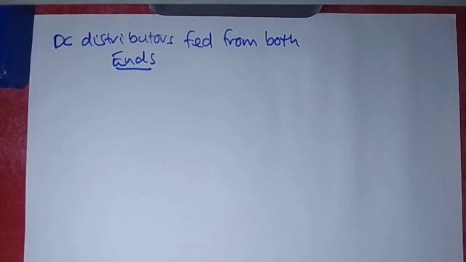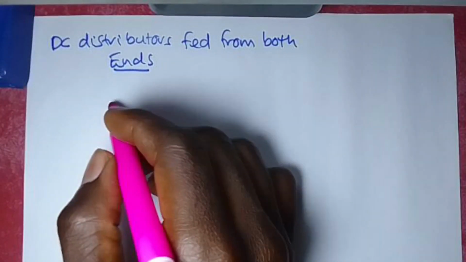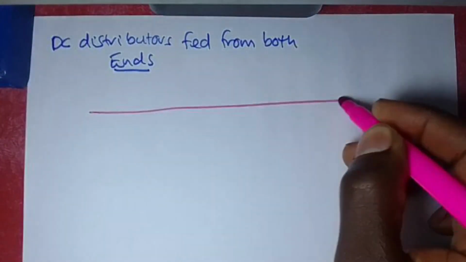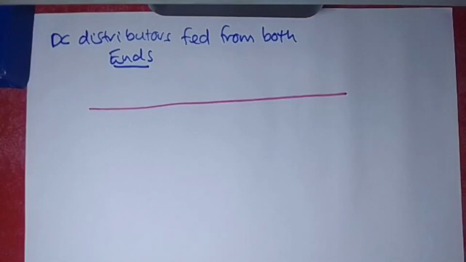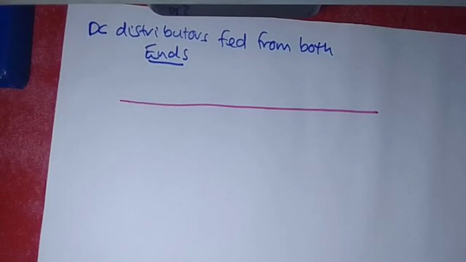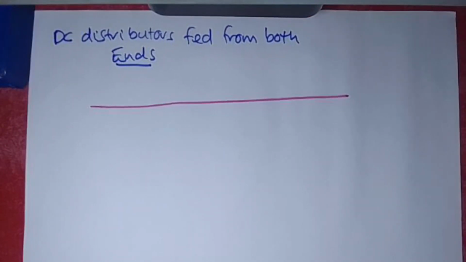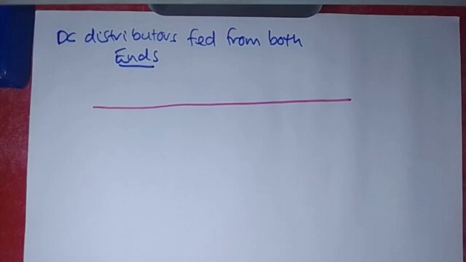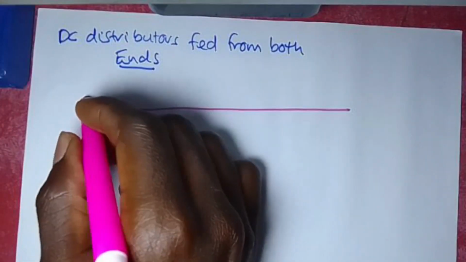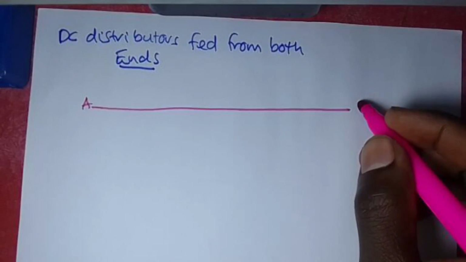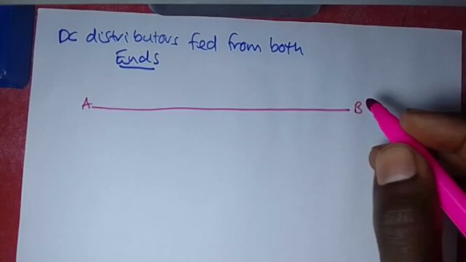If I draw my distributor, maybe distributor A up to B, it is picking power at a particular point, maybe point A, and running up to another end of the line, which is end B.